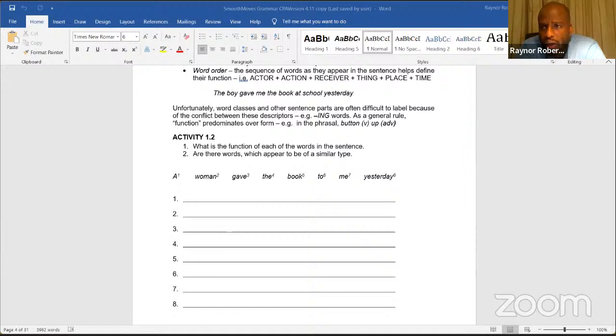So yeah, remember we got learners, we need to be very specific with every little point because we got to help reduce that anxiety. Remember the affective filter, right?